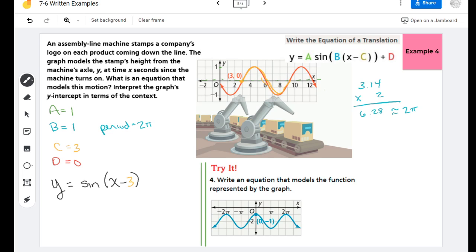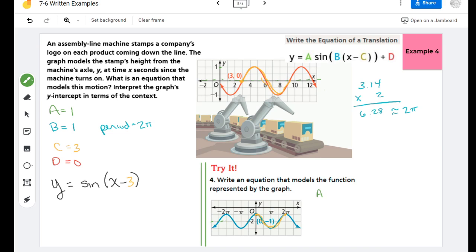Alright, so now let's get into the cosine here. I'm using cosine for this because they give me an anchor point here, and I could see it's that nice U shape right there. But I'm going to do that same process I just did with A, B, C, and D, and I'm just going to identify those. So my A, my amplitude.